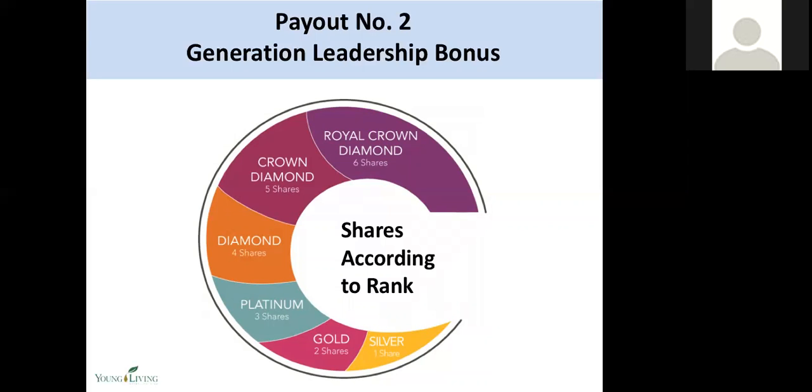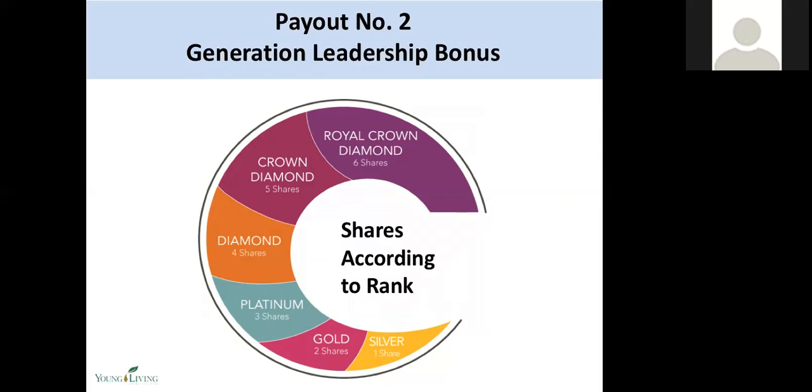And as you advance to gold, you would receive 2 shares for being gold yourself. And if you have any gold members underneath you, you would receive 2 shares for those gold members.